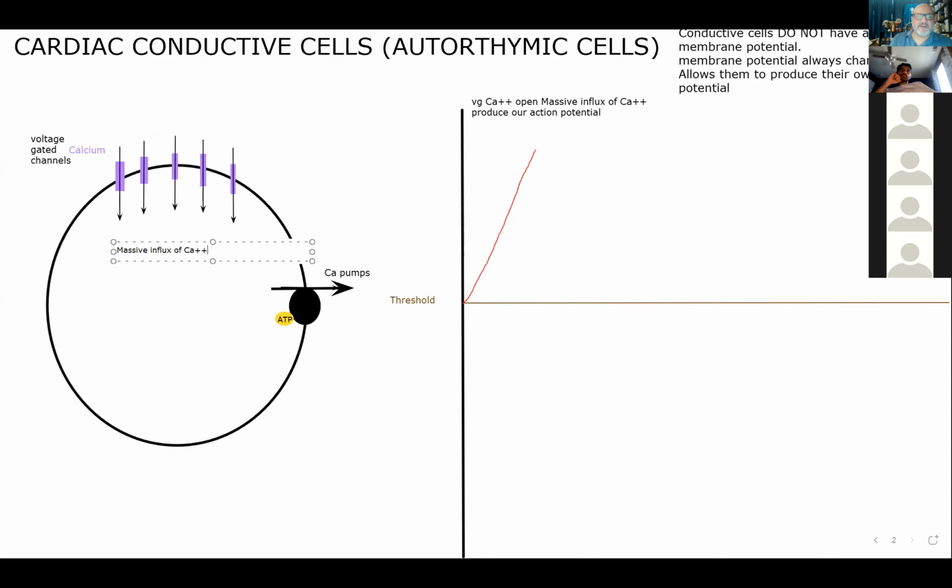And this massive influx of calcium is going to cause a big, rapid depolarization, which is an action potential.